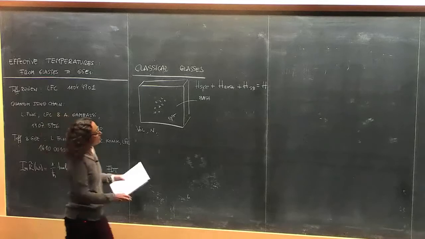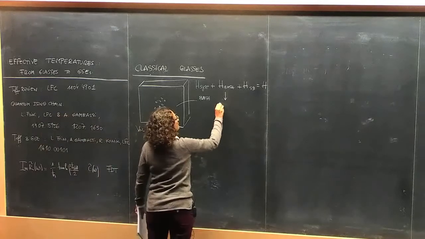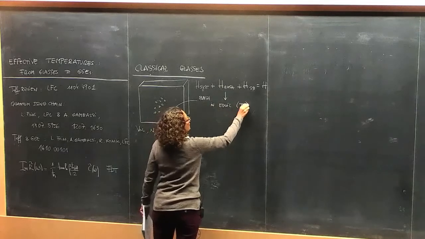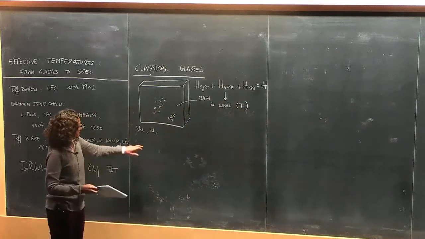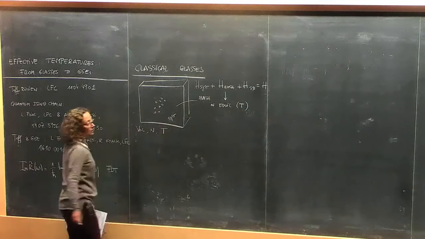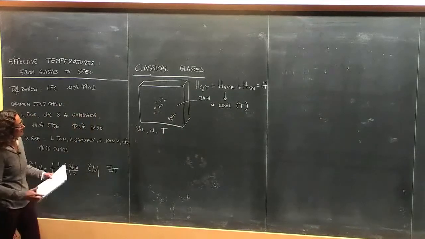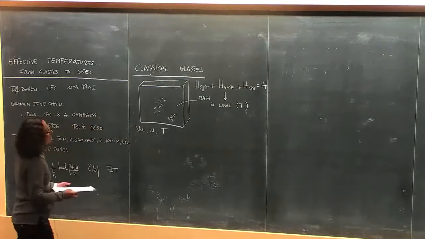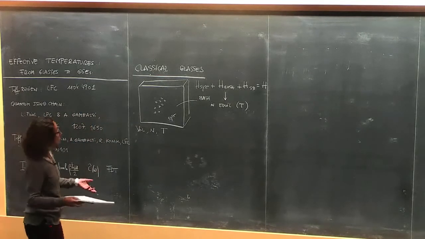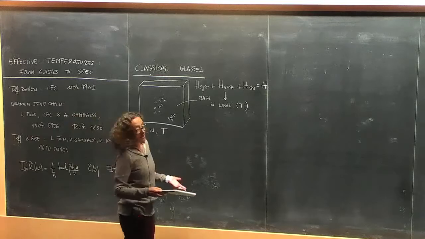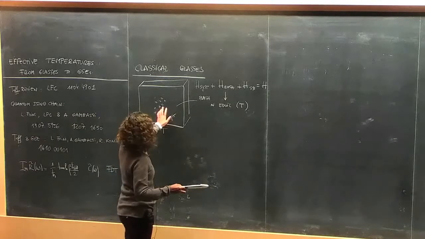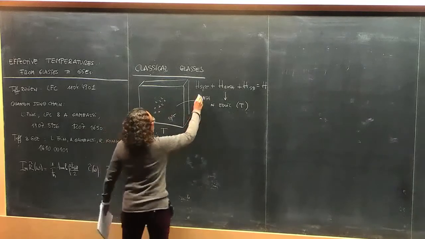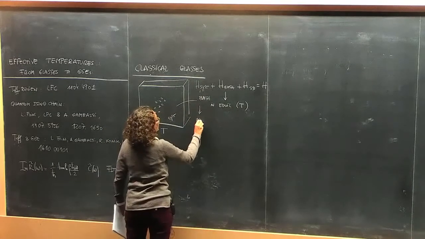So the bath is supposed to be in equilibrium at some temperature T, and this is the temperature that I will include here as a control parameter for the behavior of my system. So if I want to follow the dynamics of this problem, I will write down dynamical equations for the evolution of the positions and velocities of my particles, and these will be, from here, just Newton's equations.